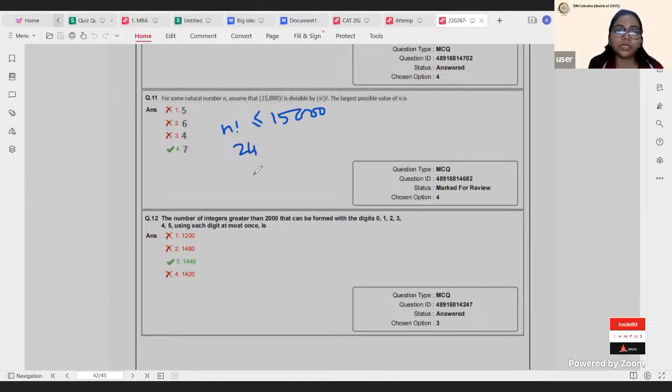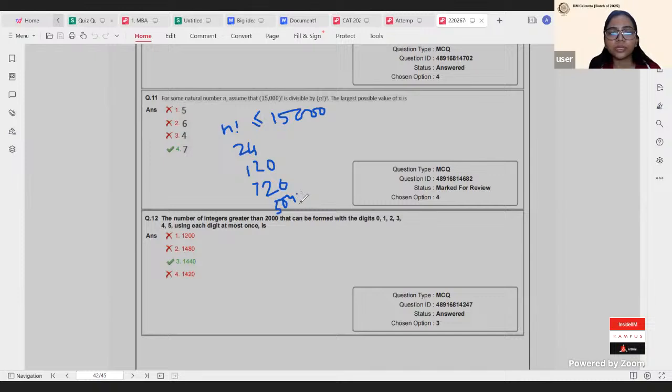If we put n equals to 5, it is 120. Put n equals to 6, it is 720. So if we put n equals to 7, it is 5040.